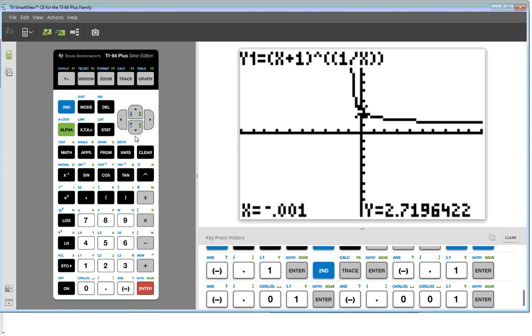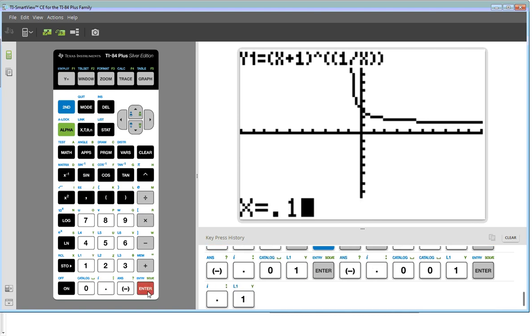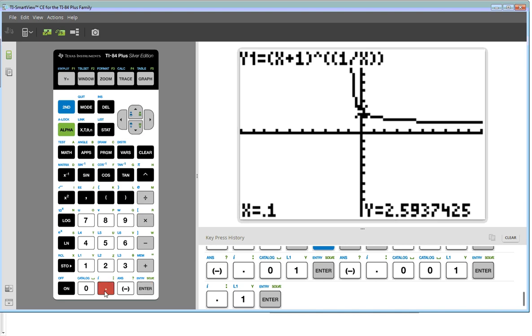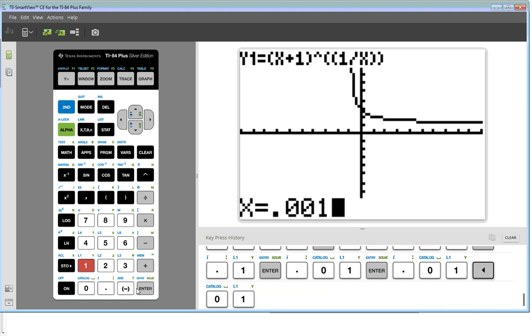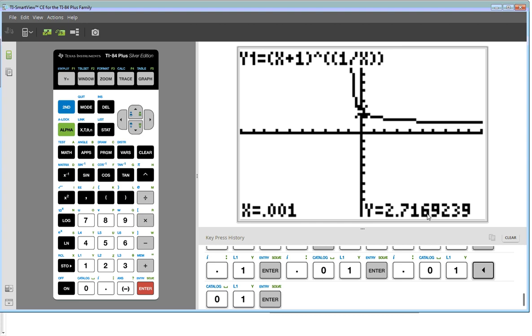And then doing the other side, so now positive 0.1, 2.59, 0.01, 2.704. So we're getting close to that 2.71. I need another 0 here, pardon me. And then we get 2.7169. So it's about 2.717, maybe 8 if we kept getting closer and closer.